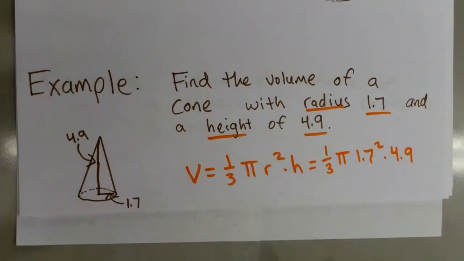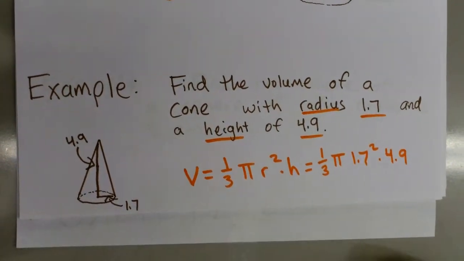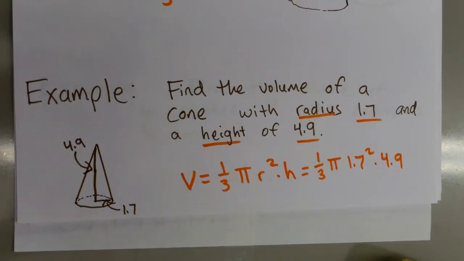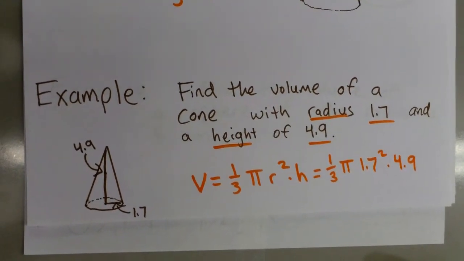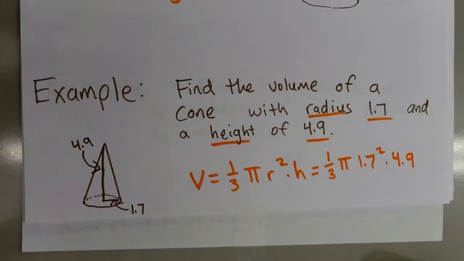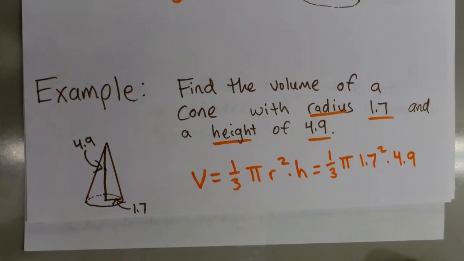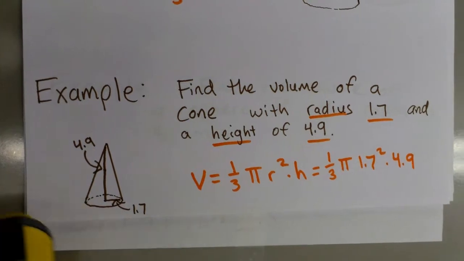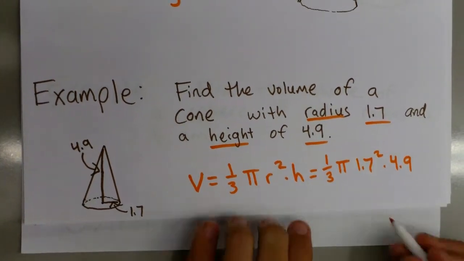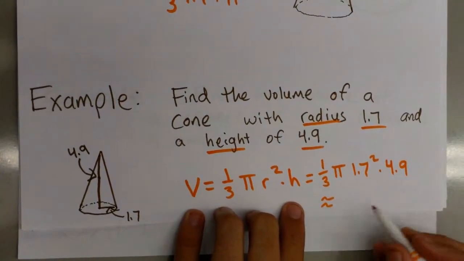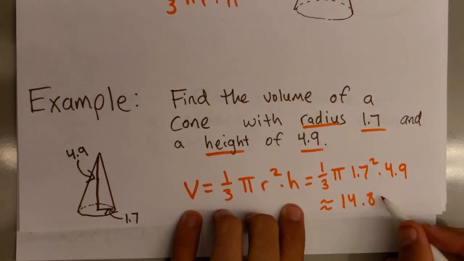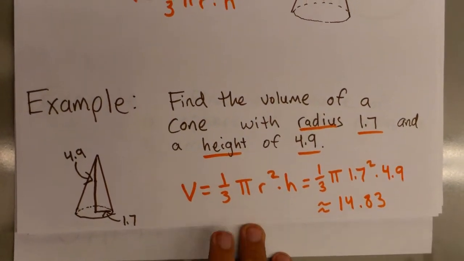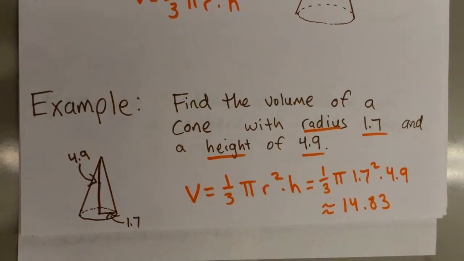I'm going to take my calculator out for this one. Say 1/3 times pi times 1.7 squared times 4.9. And that gives me a decimal answer of approximately 14.84. I rounded it to 2 decimal places.